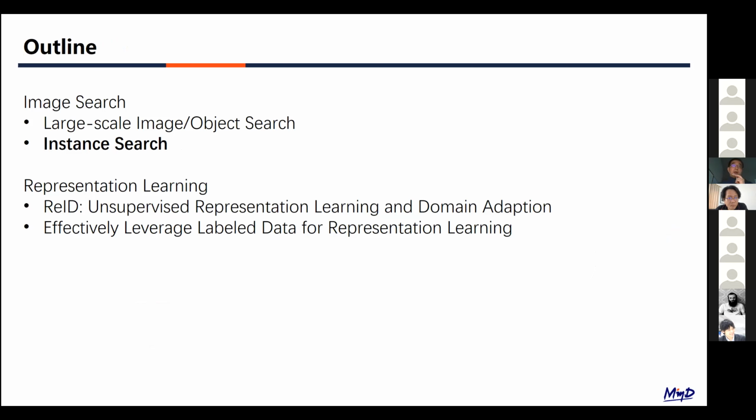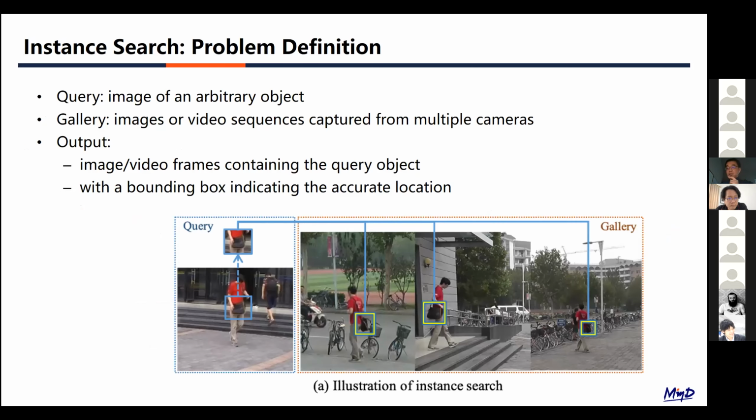Now, I would also like to come to the second part, which is the instance search. The idea of the instance search is that you have a query of an arbitrary object, like what we see from this example, where the object of interest is the bag with this young man.